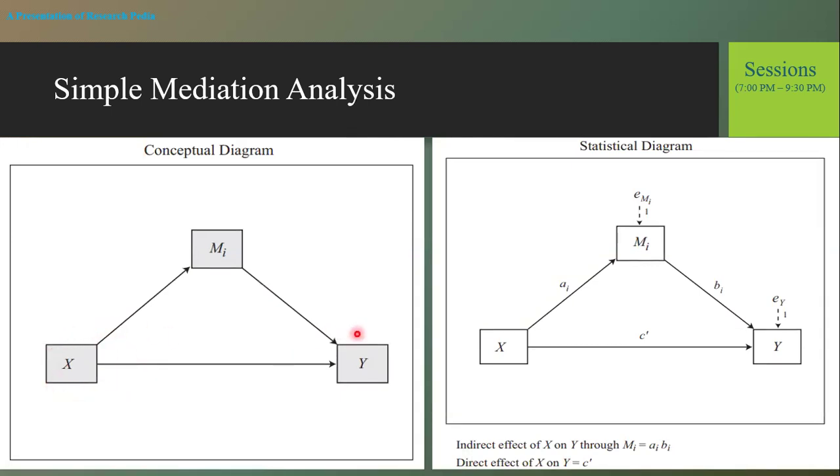X is impacting the Y as well as X is impacting the M, but Y is also impacted by M. So when we are considering a dependent variable Y, it is impacted by X as well as by M. But when we are considering X, X is impacting Y as well as M, but M is only impacting the Y. So this is how you need to understand the simple mediation analysis.